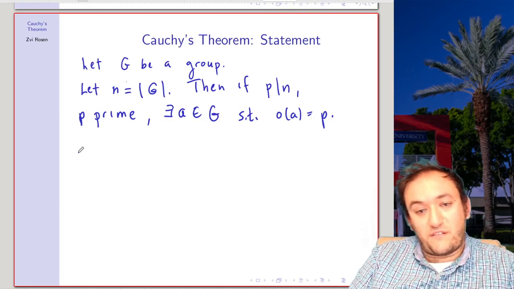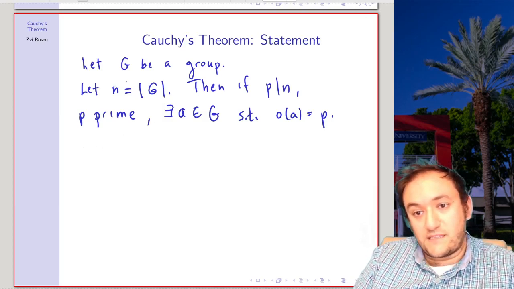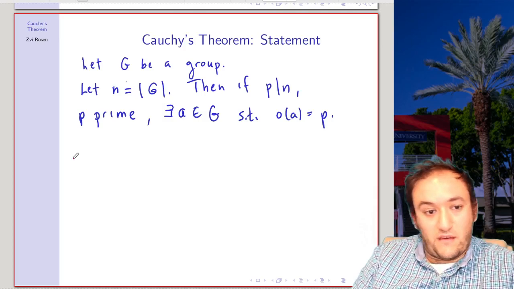And we proved this already in the context of abelian groups.